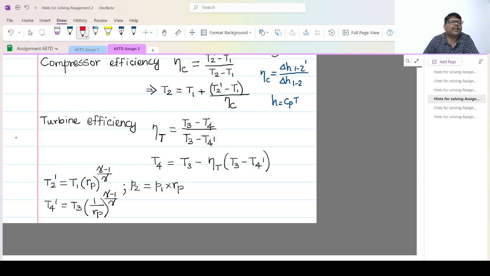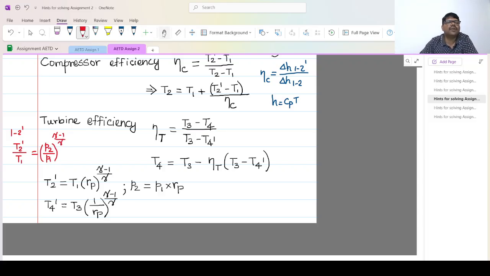For example, for the process 1 to 2 dash, I can relate the temperature ratio, that is T2 dash by T1, to the pressure ratio during the same process in this form, to the power gamma minus 1 by gamma.